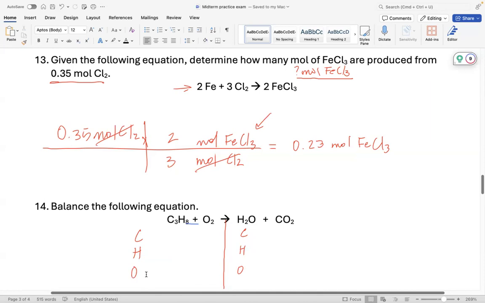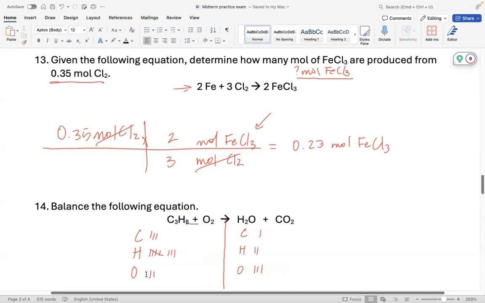I can just add more tally marks. So I'm starting with 3 carbons, 8 hydrogens, 2 oxygens. On this side, I have 1 carbon, 2 hydrogens, 3 oxygens.